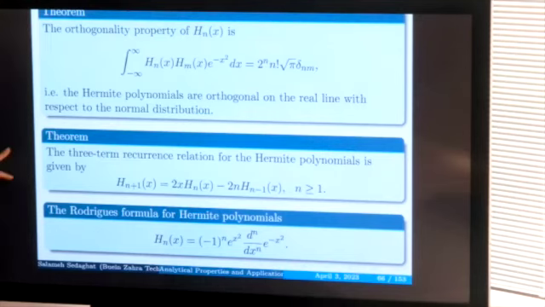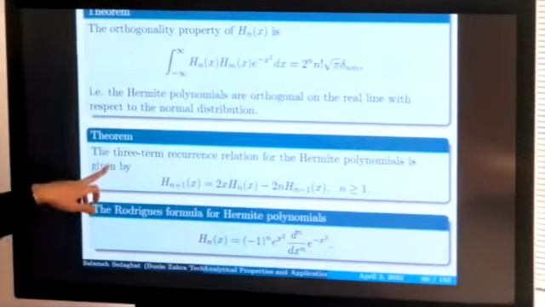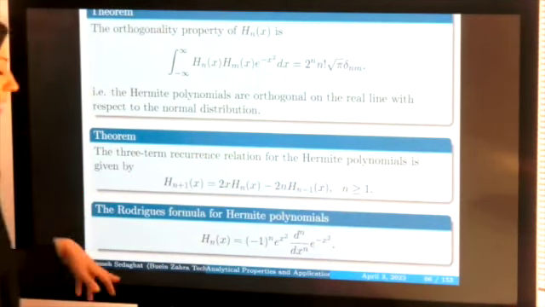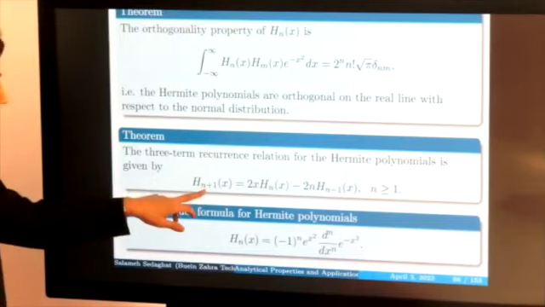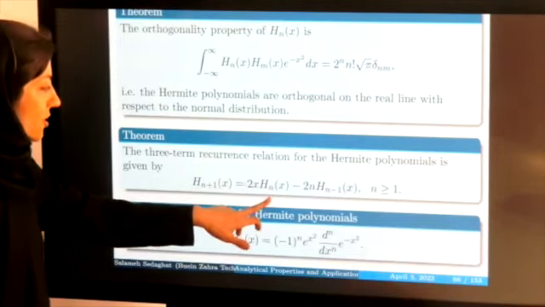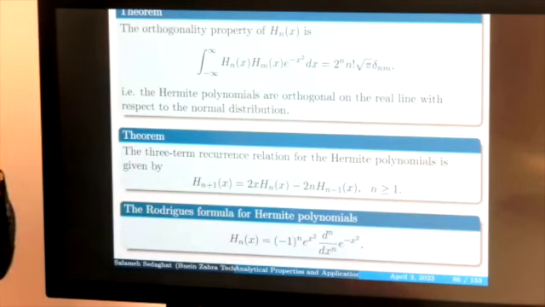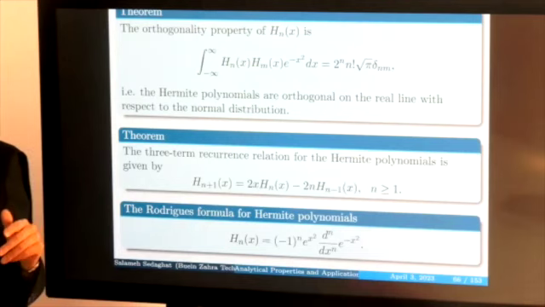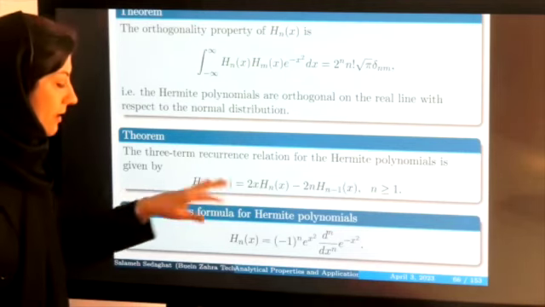Another theorem that is important for us is the three-term recurrence relation for Hermite polynomials: H_{n+1}(x) equals 2x Hn minus 2n H_{n-1}. By using the series expansion of Hermite polynomials, we can obtain this easily.